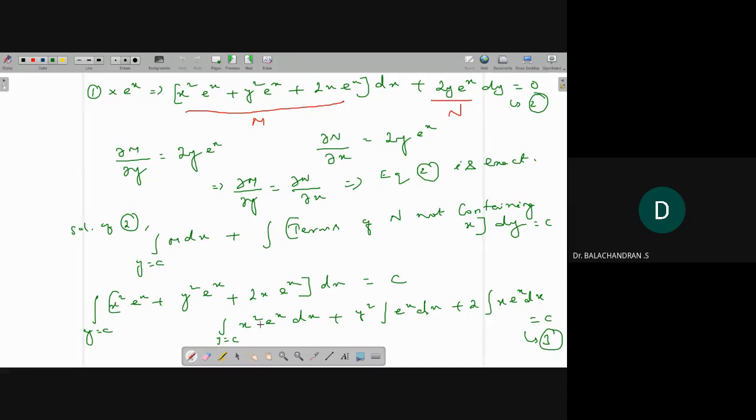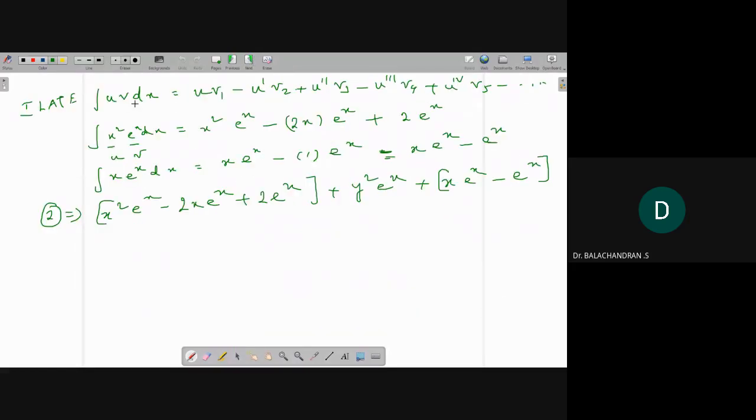Okay, so if the function is bigger, by parts is very difficult. That is the reason I am explaining Bernoulli's here. If the function is bigger, you can easily do it. Even if it is x power 6, you can do it in a single line.